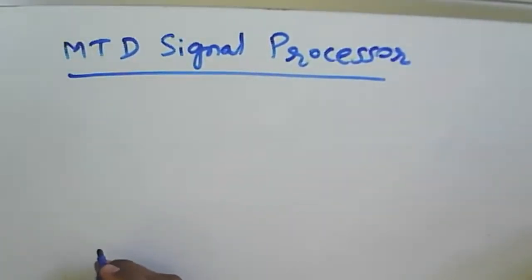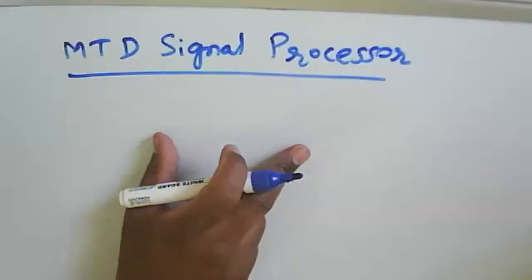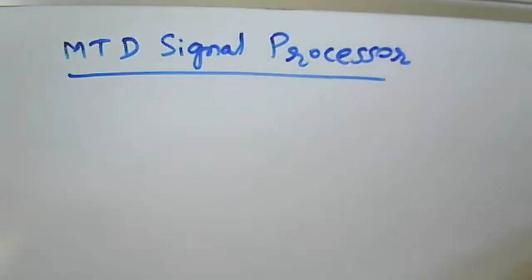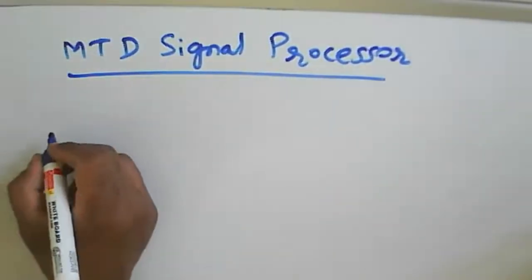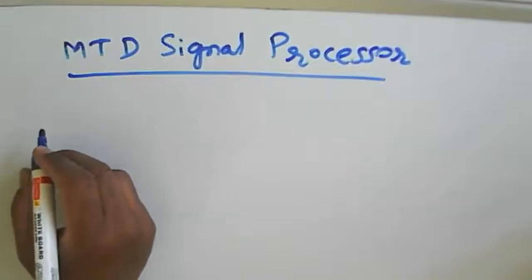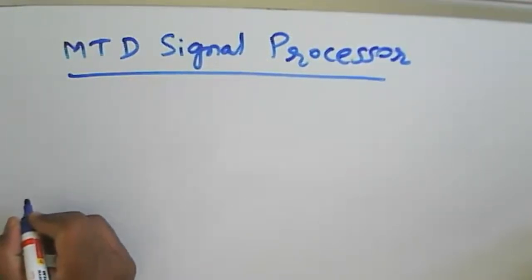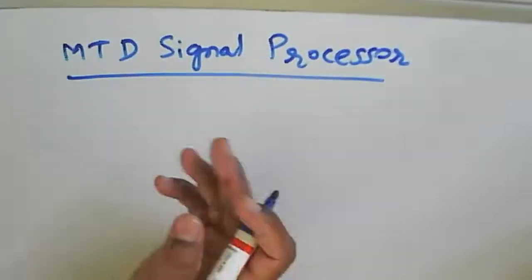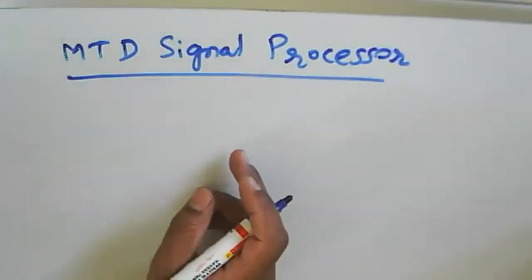So we have considered that earlier. The output from the IF is to be split into two signals, that is I and Q. Okay, the output of that I and Q we have converted earlier into the analog form, then the analog to digital converter.